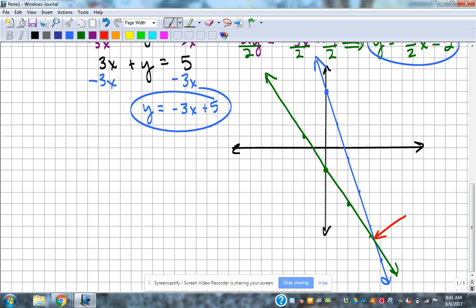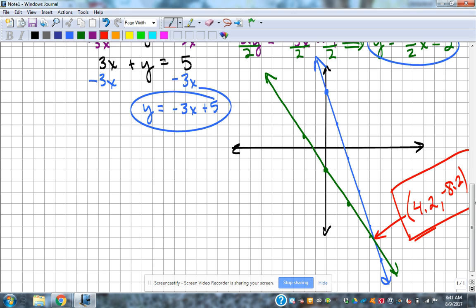The y value would be negative 1, 2, 3, 4, 5, 6, 7, 8.2, something like that. So we're going to have to estimate if it doesn't cross at a nice spot. So 4.2, comma, negative 8.2. That's our one solution to that.